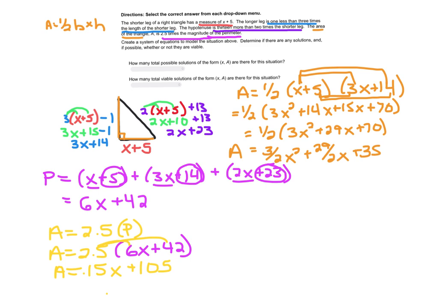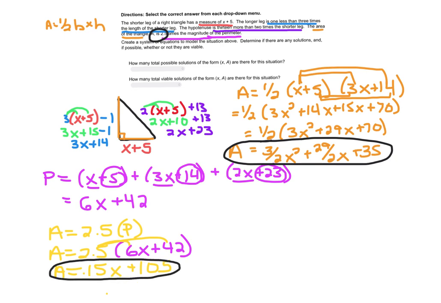Last but not least, it told us that the area of the triangle is, which we know represents equals, 2.5 times the magnitude of the triangle.